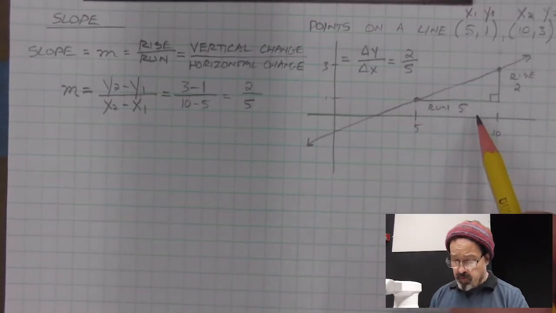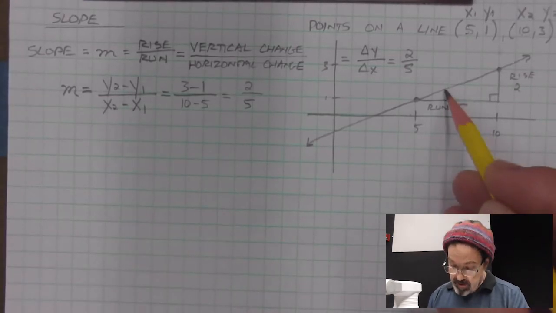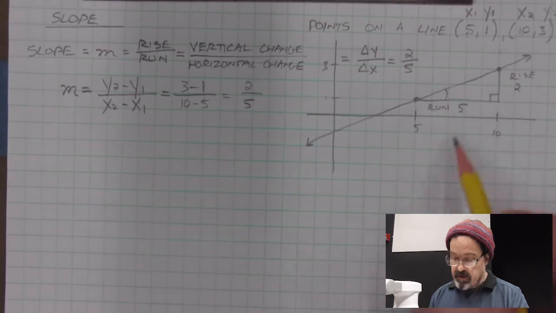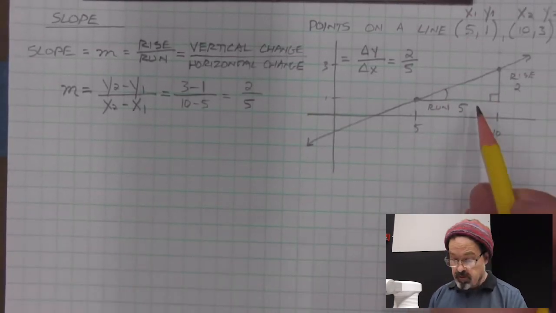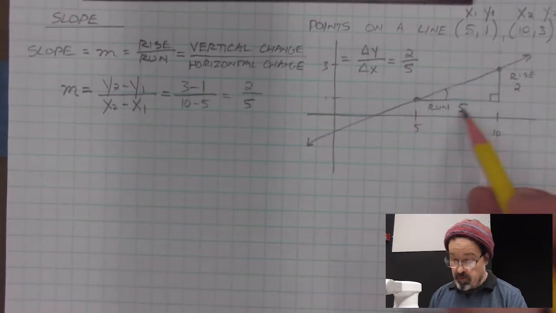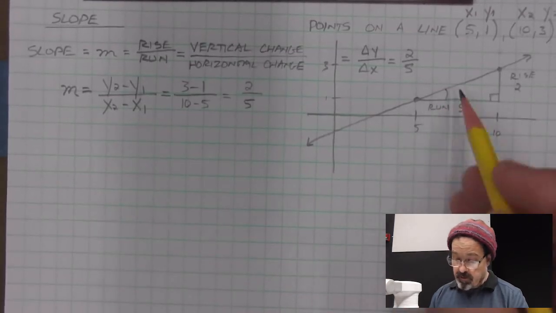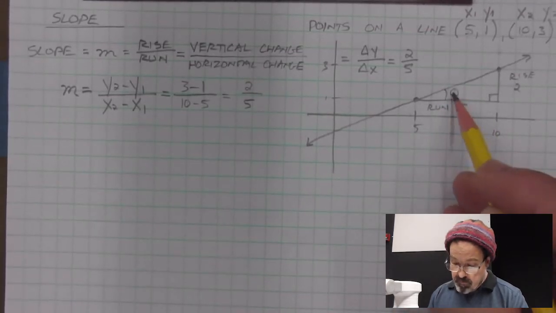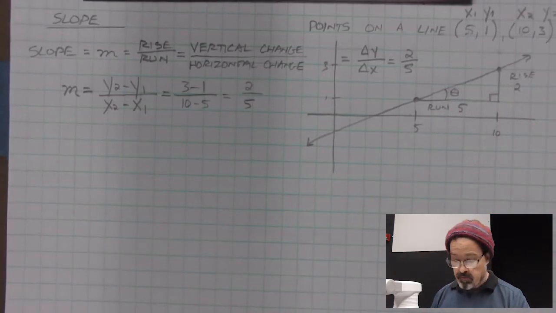But in geometry, we have another way of thinking about slope, and that's the angle in this triangle that we call a slope triangle, because it's attached to a line and it helps us understand slope. It's got the slope ratio right there, 2 over 5. But it also has an angle in here, and we often use the Greek symbol theta to represent a measure of an angle.